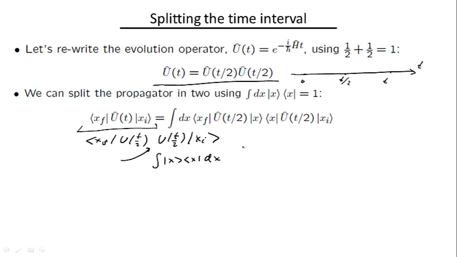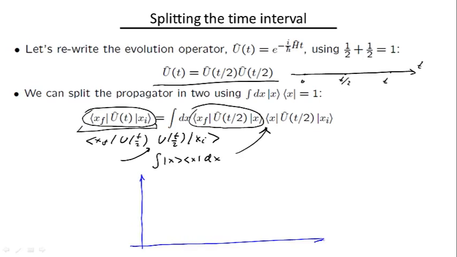If we do so, we get this expression, which essentially splits the original propagator into two propagators. One goes from xi to x, and the other goes from point x to the final point xf. This splitting allows a very useful and intuitive illustration that I'm going to present now, which will bring us closer to the notion of path integral.